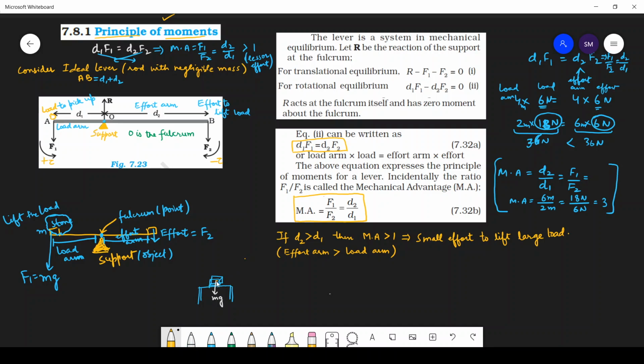So equal and opposite forces are applied by the table, that is Newton's third law. This is the force F1 applied by the block downwards on the table, and this is the force F2, which is your normal reaction, or simply reaction, R or N, whatever we say. Here F1 equals minus F2. Then only the forces are equal, and then only there will be translational equilibrium.